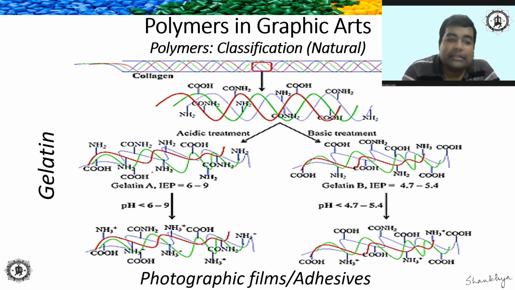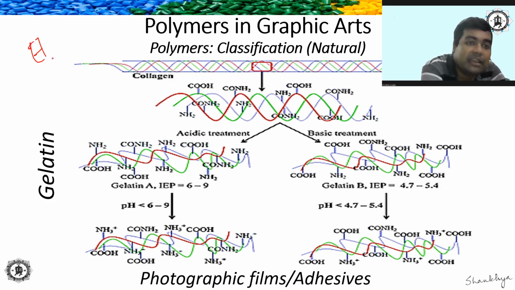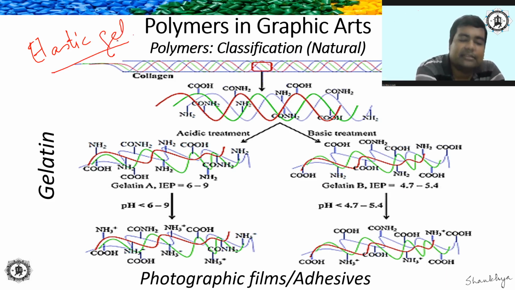So that means gelatin normally has a tendency of absorbing water. As you remember, gelatin is basically an elastic gel, not a rigid gel like silicic acid. What does elastic gel mean? It means it has the ability to absorb water. When it absorbs water, it swells up obviously, and this ability to absorb water depends upon the isoelectric point of gelatin, which is somewhere around 4.7.